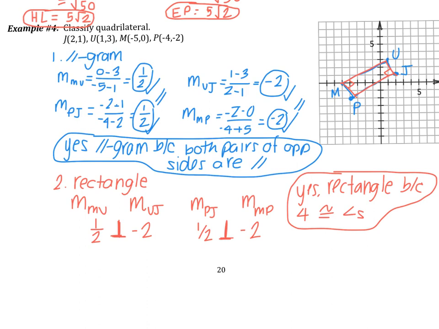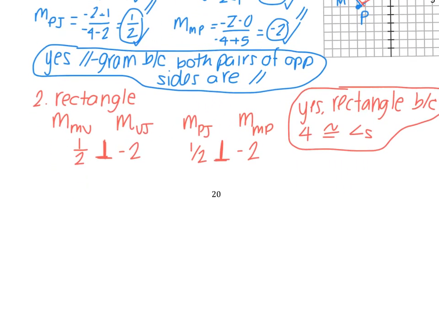Okay, now if it's a rectangle, let's see if I can prove it's a rhombus. While looking at it, I need to either prove 4 sides are equal, diagonals perpendicular, or diagonals bisect opposite angles. I want you to take this as your little to-do assignment. Determine, is it a rhombus?